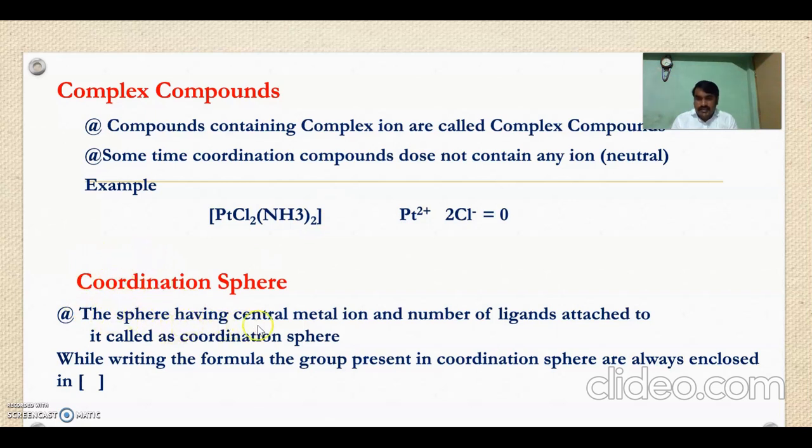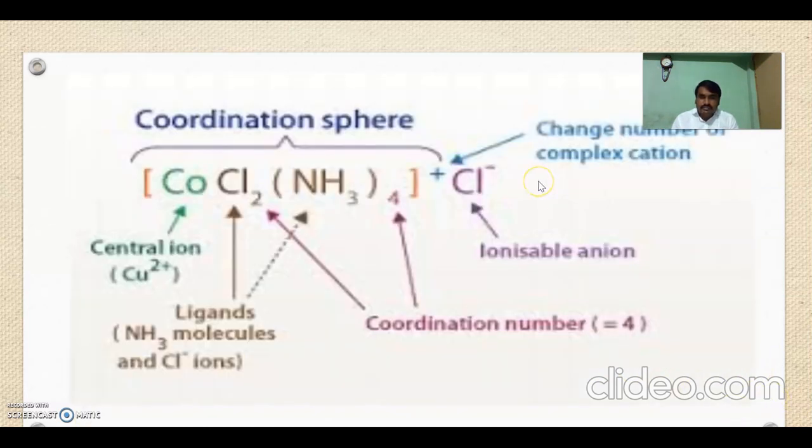The second term is coordination sphere. The sphere having the central metal ion and the ligands attached to it is called the coordination sphere. When writing the formula, the groups present in the coordination sphere are always enclosed in square brackets. Here these diagrams clearly show each and every term used in coordination compounds.